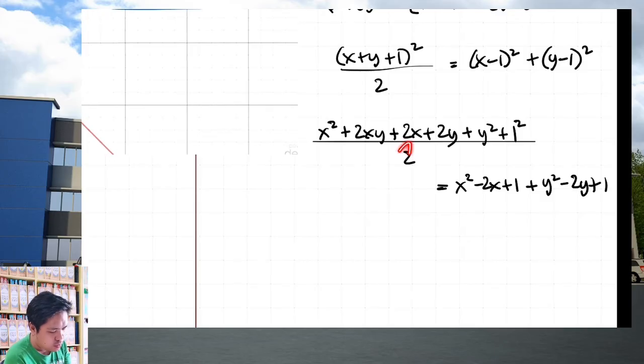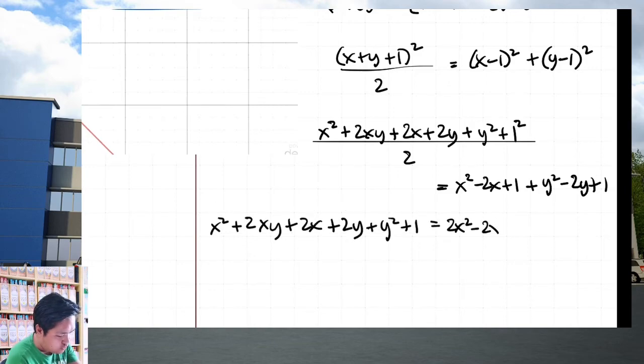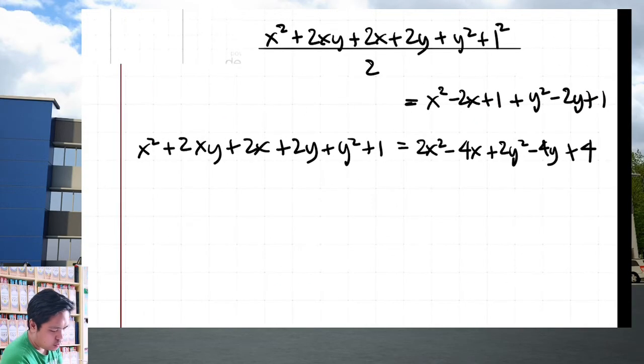Then we just transpose the 2 to the other side. So we'll have x squared plus 2xy plus 2x plus 2y plus y squared plus 1 equals 2x squared minus 4x plus 2y squared minus 4y plus 4. Then combine all the like terms.